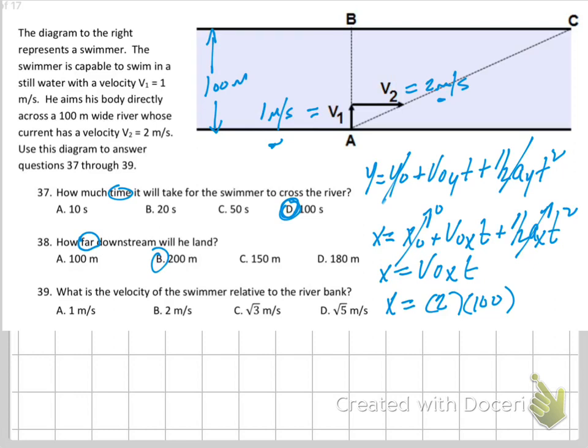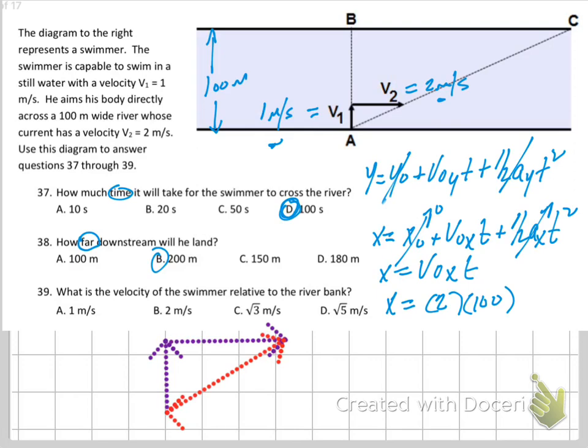Number 39, what is the velocity of the swimmer relative to the riverbank? We have velocity 1 going across the river, and we have velocity 2, the current, taking us downstream. So what we need to determine is the resultant velocity relative to the riverbank, which would look like that.